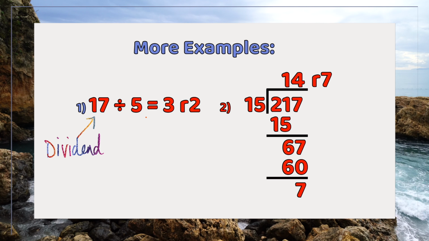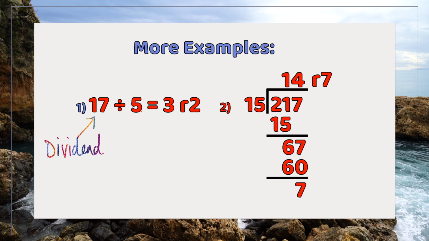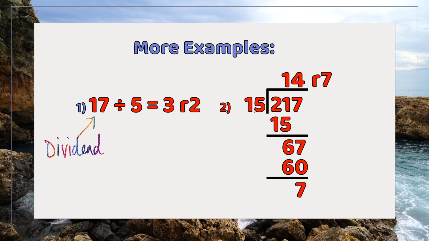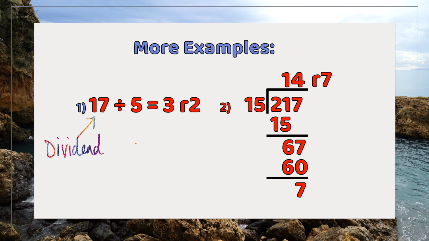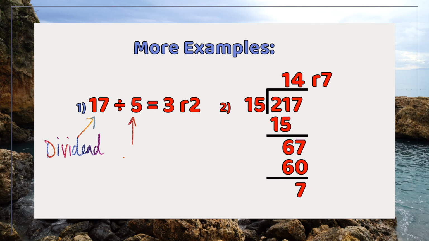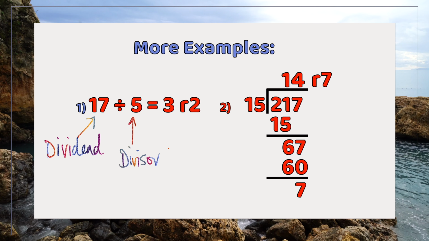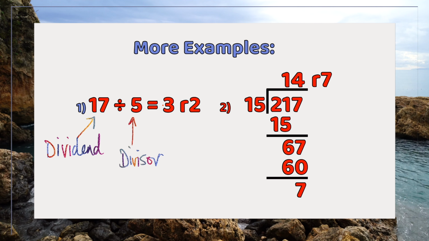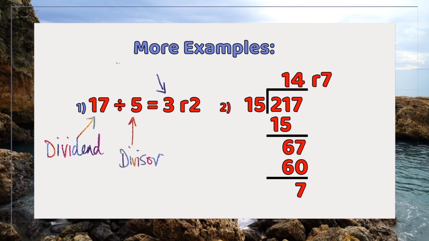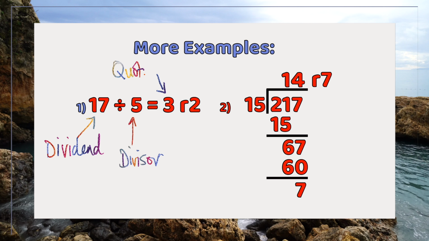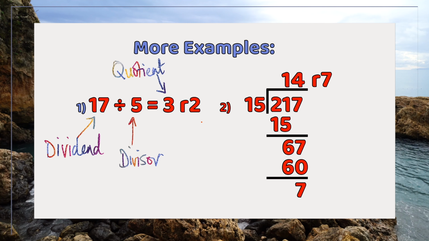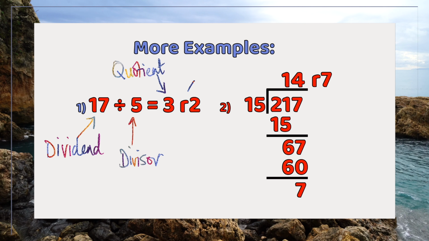And we're going to divide it by 5 here, which will be what goes on the outside of the bus shelter, and we call this here the divisor. And then our answer is 3 whole ones, so this here would be our quotient.